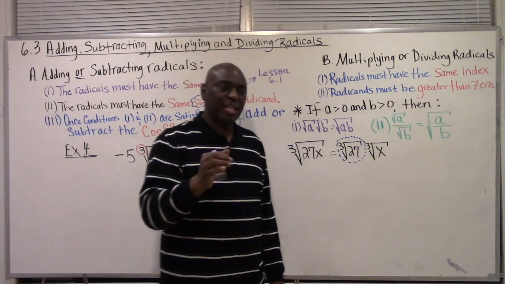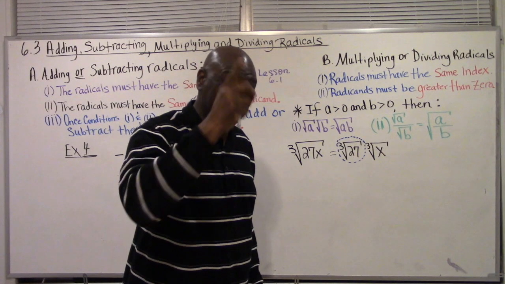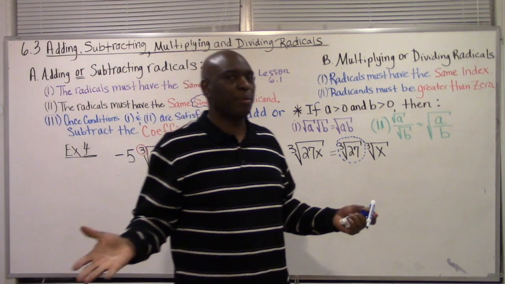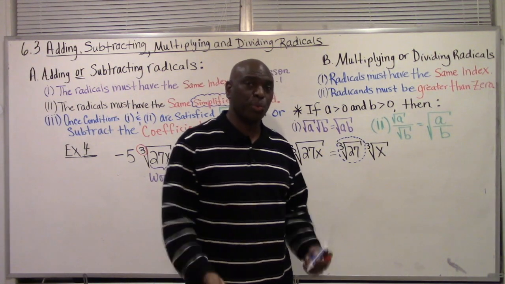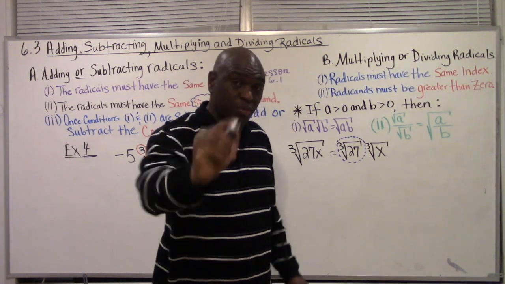Ladies and gentlemen, it's basics like this you have to know without even thinking about it. If you don't know that, we have a problem. We have to know what the cube root of 27 is.